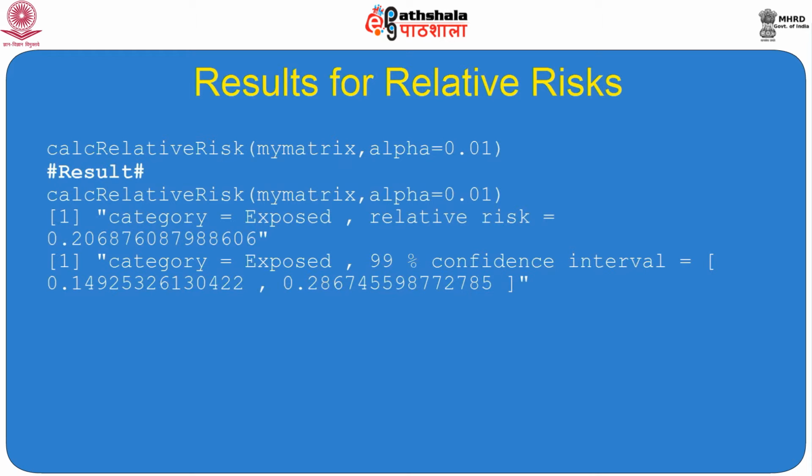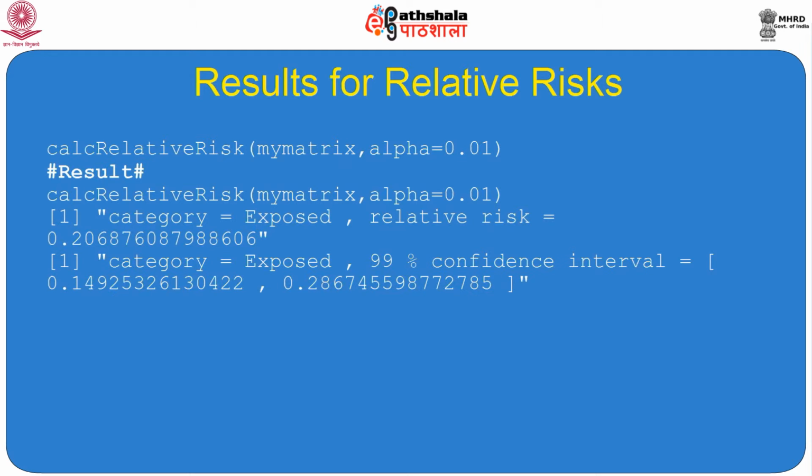So it shows that relatively it is only 20% chance of having disease among the exposed in comparison to those who are unexposed. So in a real life example, maybe consumption of olive oil may be protective for myocardial infarction.